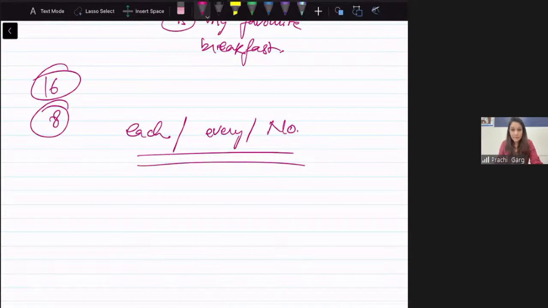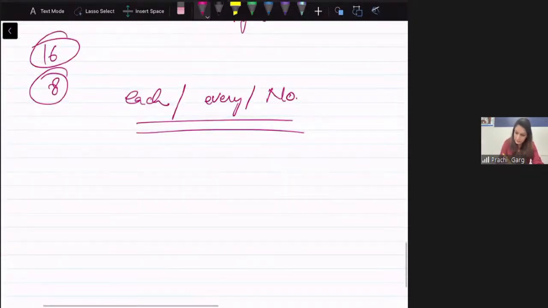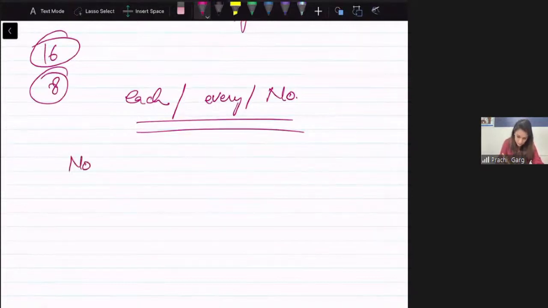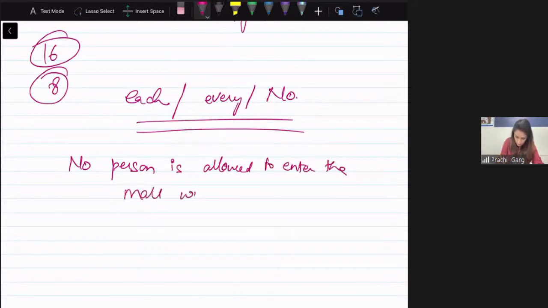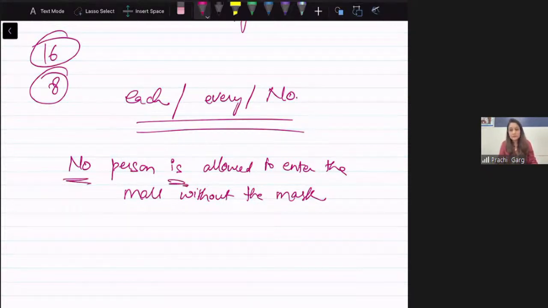For example, no person is allowed to enter the mall without the mask. I am talking about nobody being allowed. Since I have added no, I will be using a singular verb.